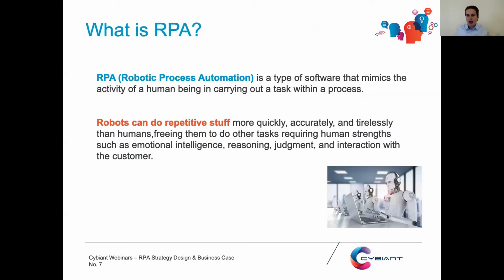Good. Before I dive into explaining how you can start defining some of these aspects of a strategy, let's first go back to the very start of the definition, and that is the answer to the question, well, what is RPA exactly? RPA is a type of software, and it is most important to know that that software mimics the activity of human beings.